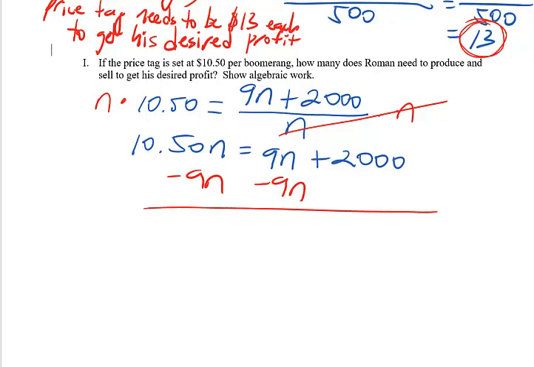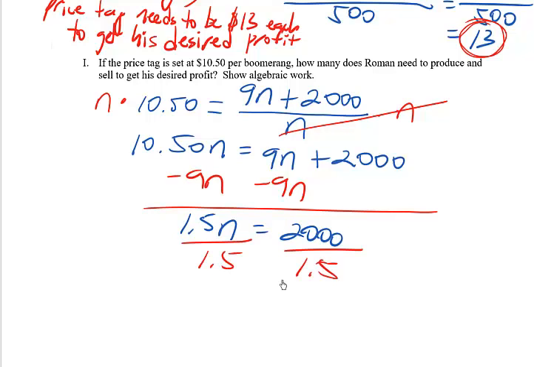Subtract 9n from both sides, and it looks like we're going to have to grab a calculator and do some dividing. So we divide both sides by 1.5. It doesn't come out nice. Rounded to the nearest whole number, though, I get 1,333. And that's our answer to this problem.